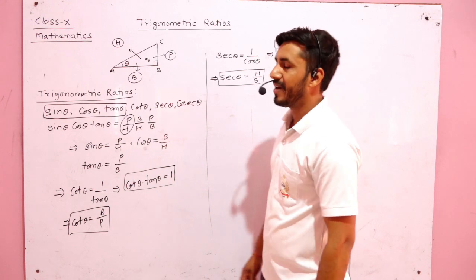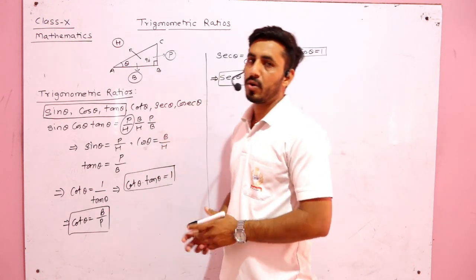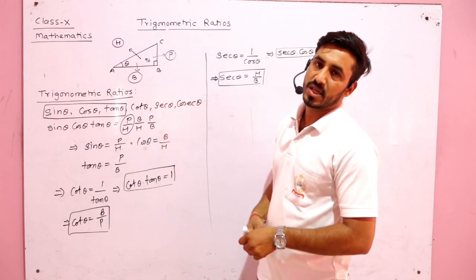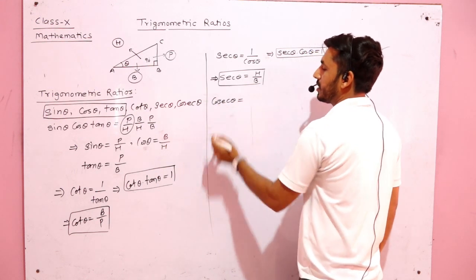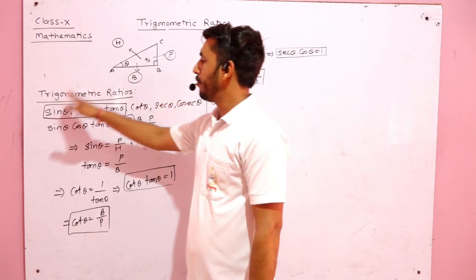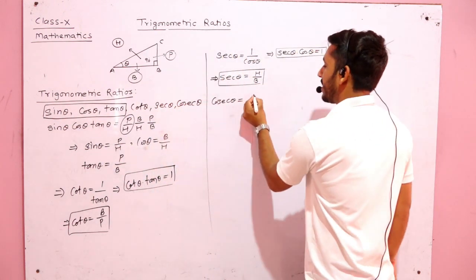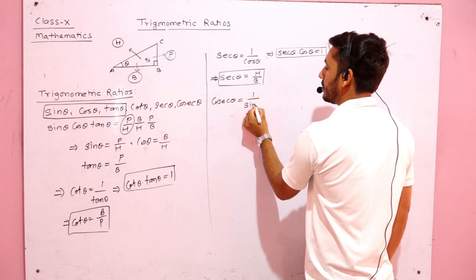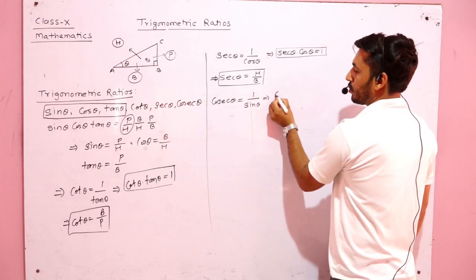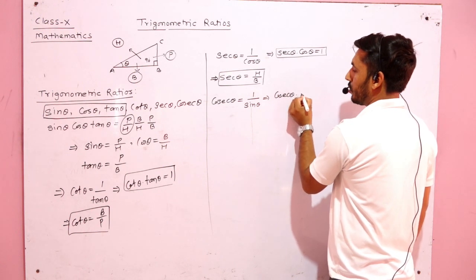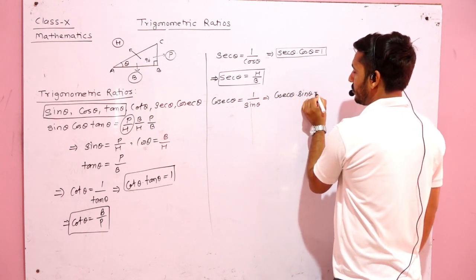In the next and last condition, last but not least, cosec theta. We know cosec theta is the opposite of sin theta. Then I can write 1 upon sin theta. And from here the relation obtained is cosec theta dot sin theta is equal to 1.